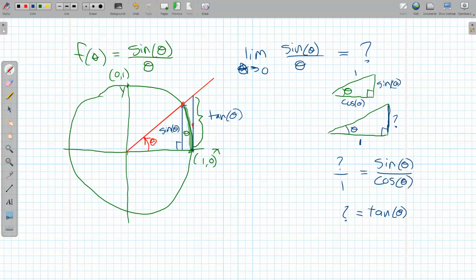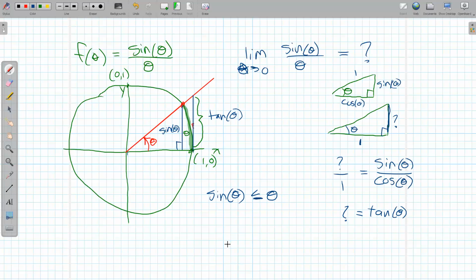Some things to consider here: this arc is always going to be greater than the sine of theta. So the sine of theta is going to be less than or equal to theta. If theta goes to 0, they're both going to be 0, so they are going to be equal.